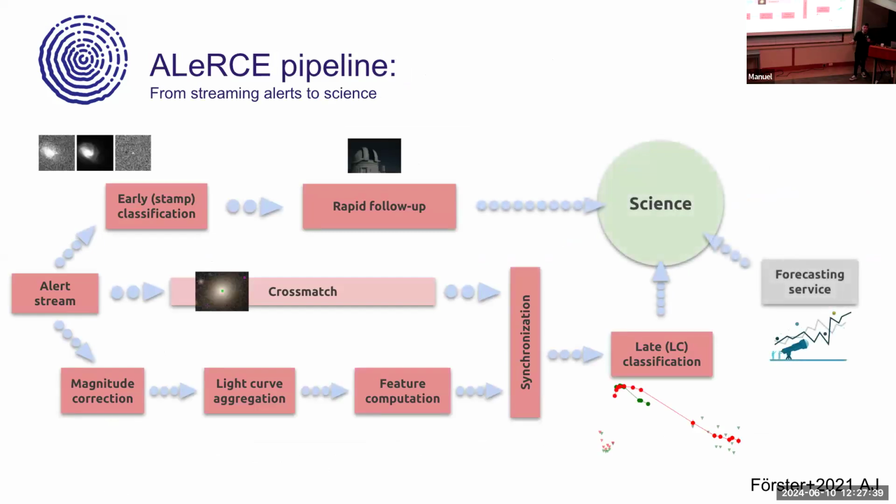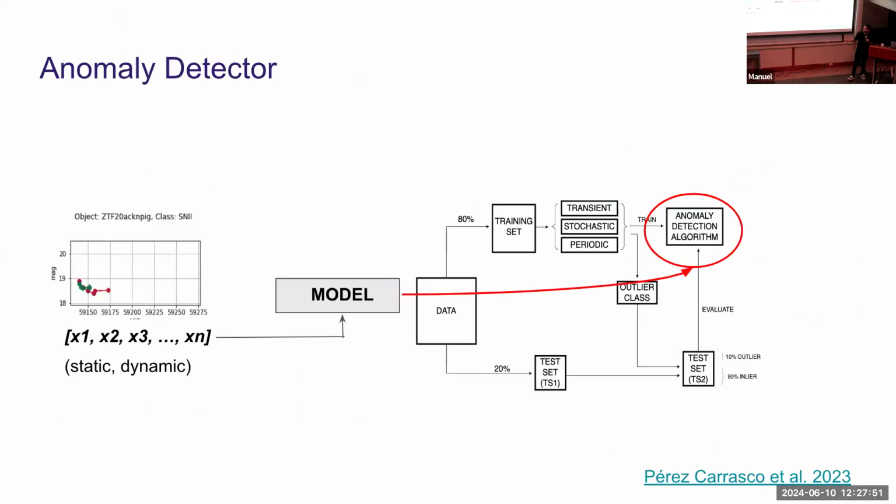Also, we have an anomaly detection method, not in production yet, but we hope to have it as soon as possible for the community. The anomaly detection method takes the light curve, and at each time step the features that we have talked about are calculated, and the data is split into a training set and a test set.